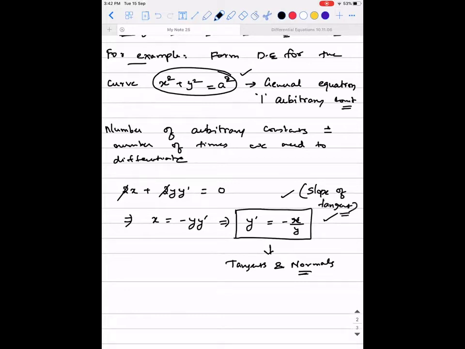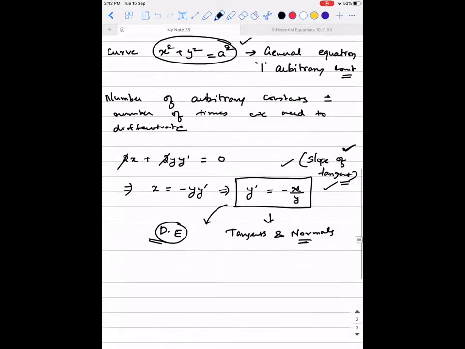Whenever this kind of an equation is given, when you differentiate and find dy by dx, you're actually finding the slope of the tangent. But in this chapter's context, we found the required differential equation. So the required differential equation for x square plus y square is equal to a square is given as y dash is equal to minus x divided by y. Okay, so this is where you need to stop. So there is the required differential equation.